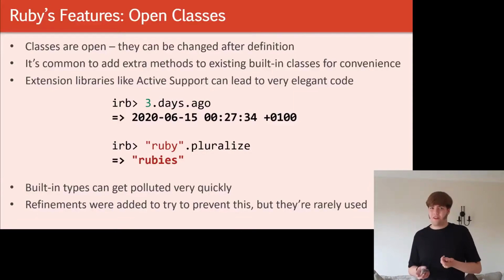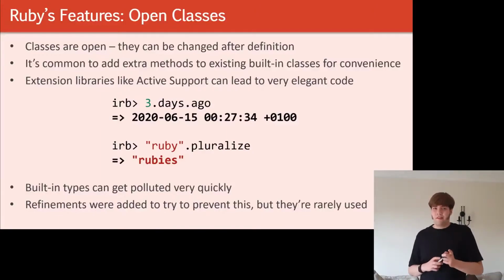Extensions to the core types can lead to elegant looking code, and some libraries, like Active Support, focus almost exclusively on doing this. For example, Active Support lets you compose dates out of integers with expressions like 3.days.ago, or use a set of inflection rules to pluralize strings.